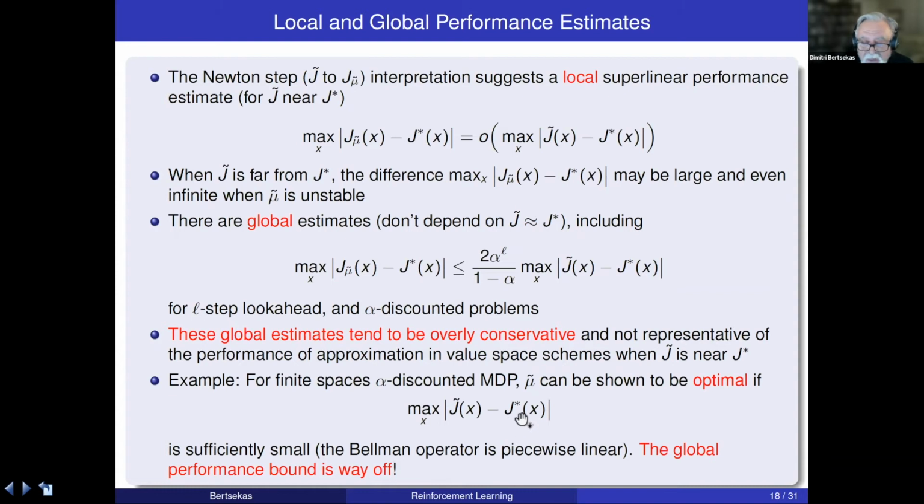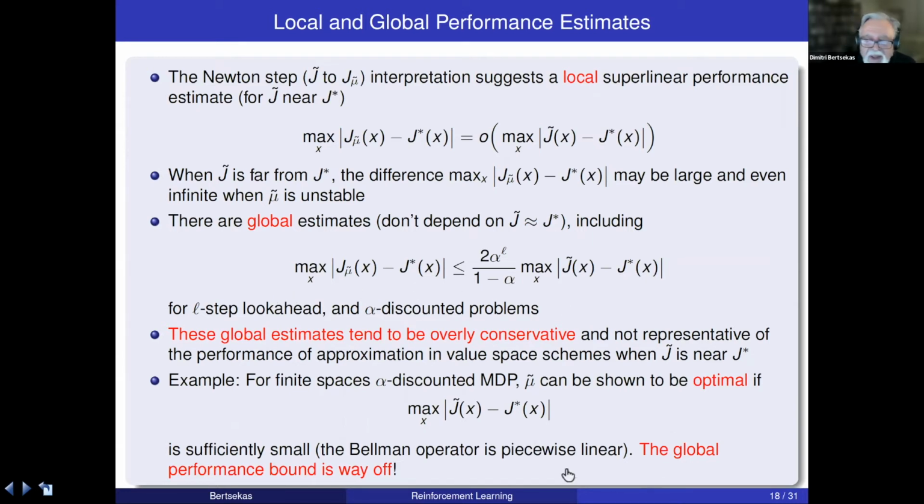If you choose J tilde within some small neighborhood of J star, then the mu tilde that you get not only satisfies this relation, but is satisfied with 0 here. It's exactly optimal. So this global performance bound near J star is way off. It doesn't tell you anything useful, or even something from which you can get intuition.